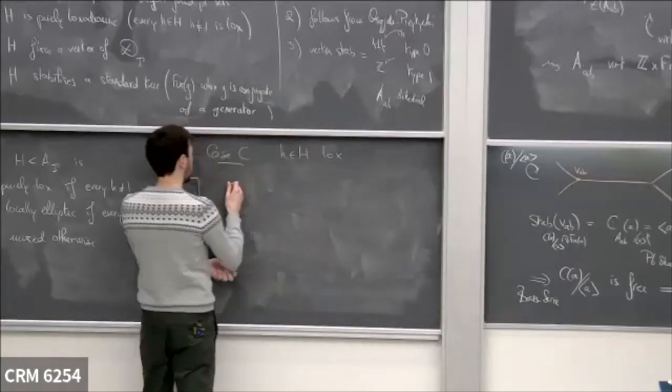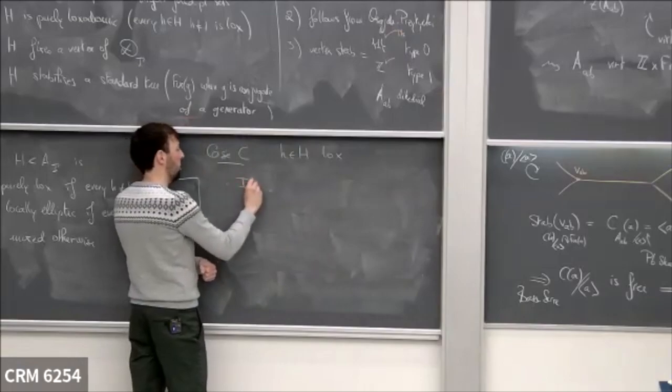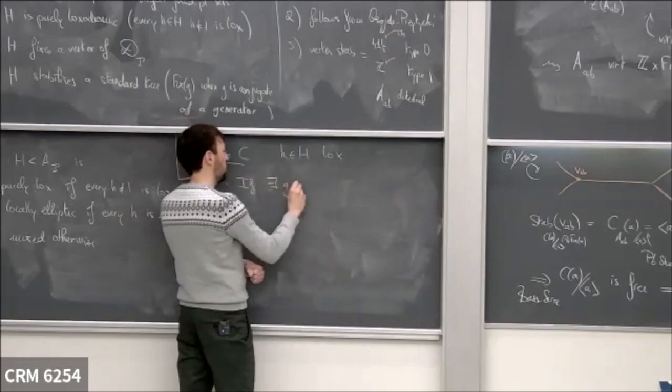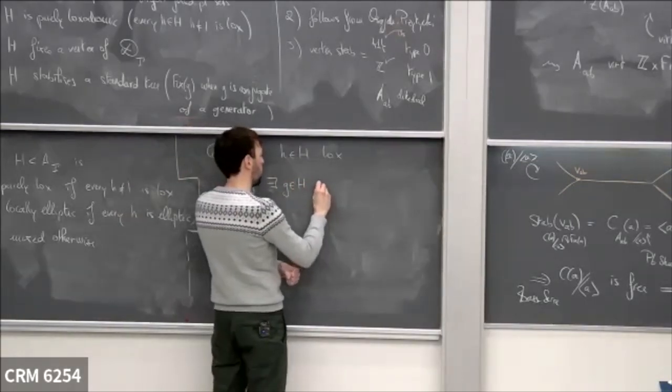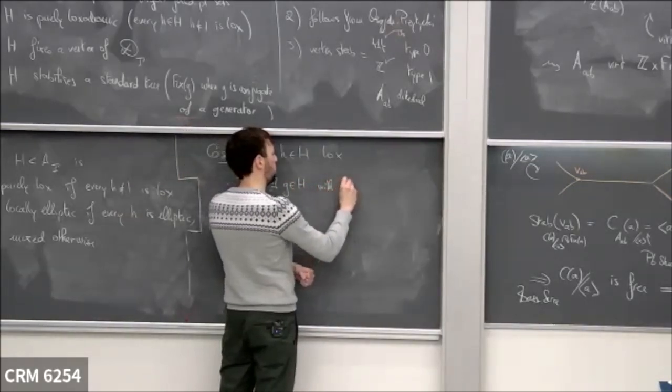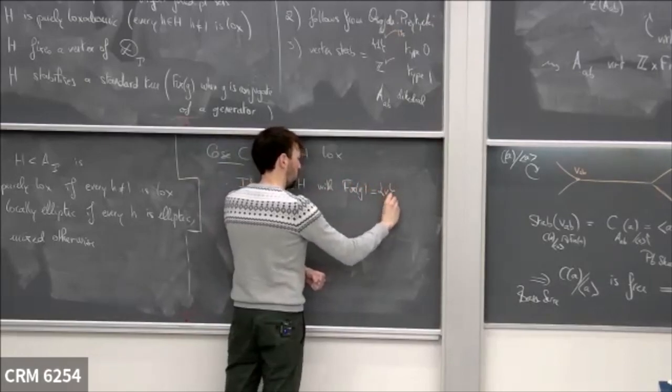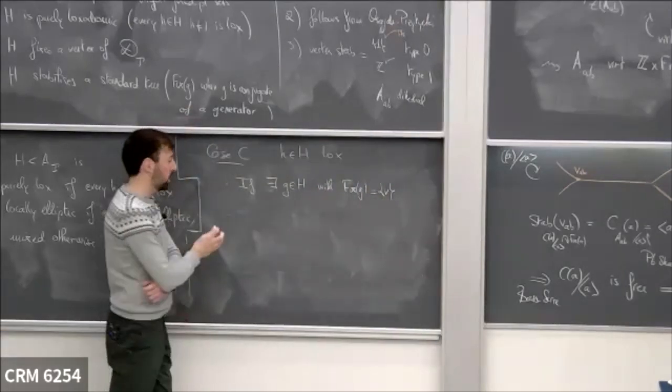So first case, if there exists a G in H with fix of G a single vertex, then we're good, right?